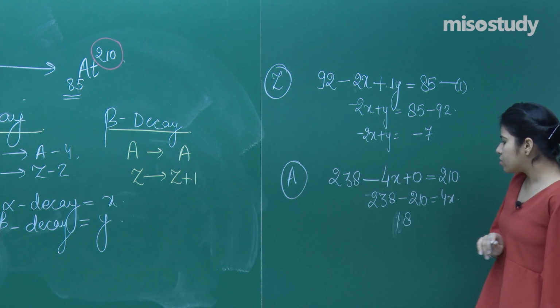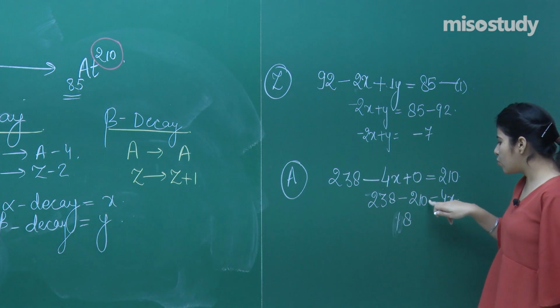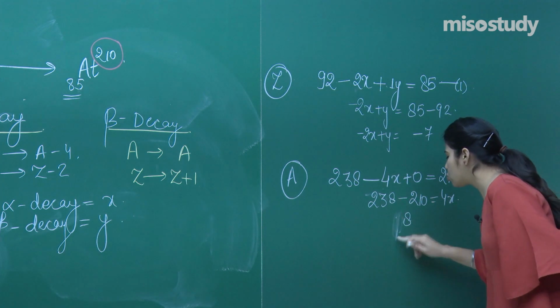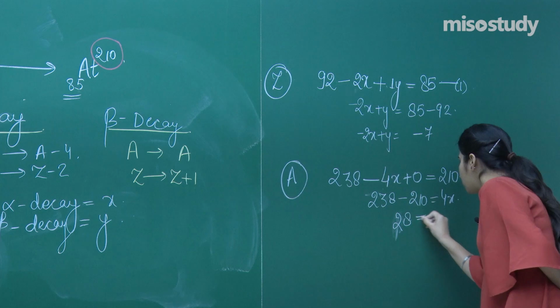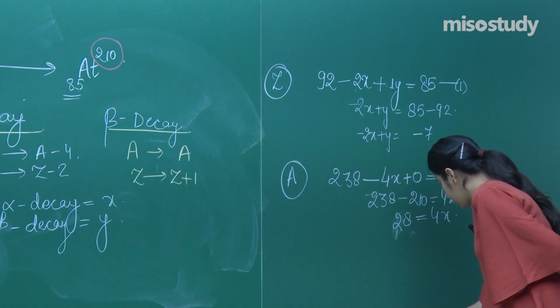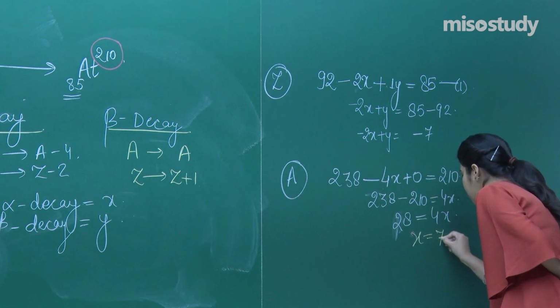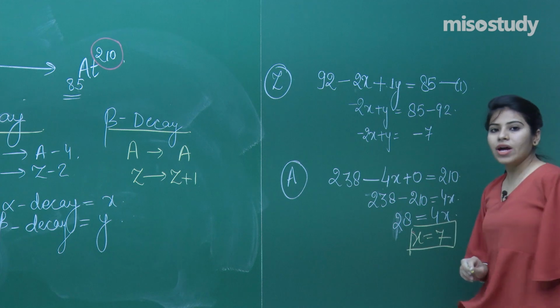Is it correct or not? 238 minus 210 equals 4x. So 8 and 3 minus 1, it should be 2. 28 equals 4x. So from here the value comes out to be x equals 7, right?